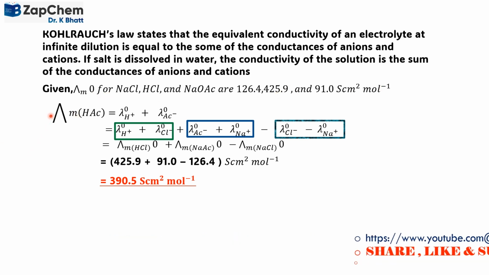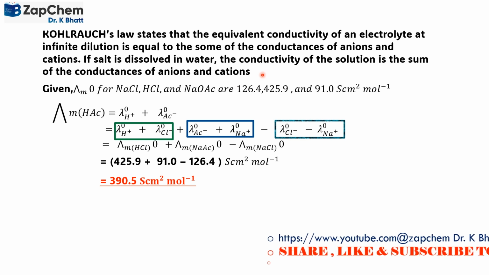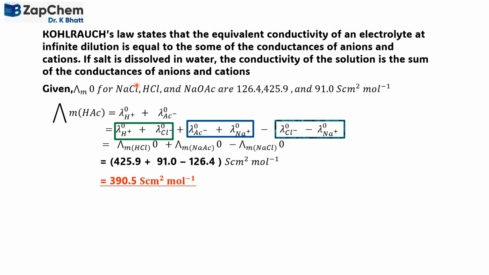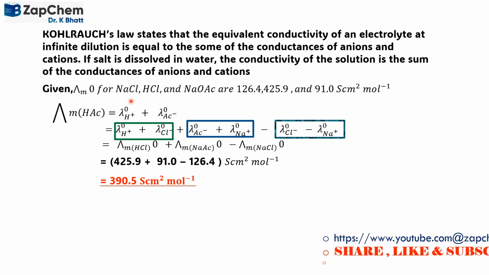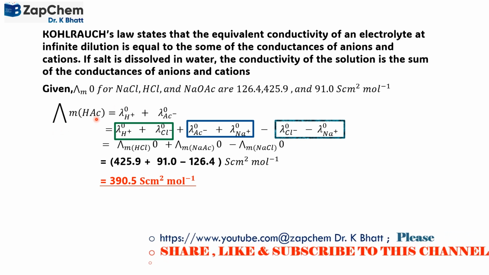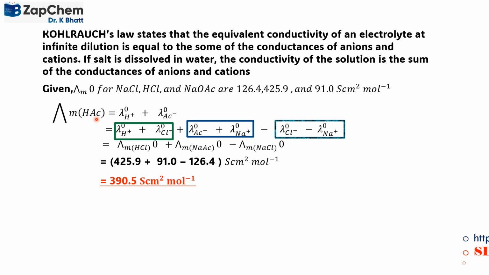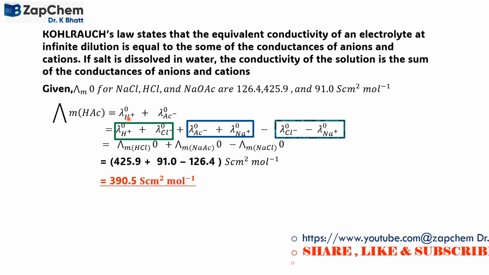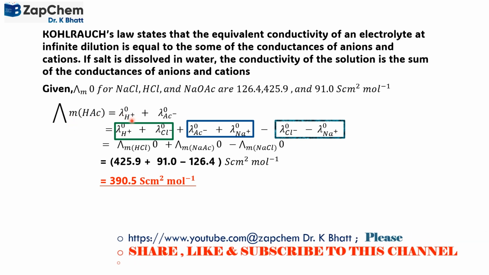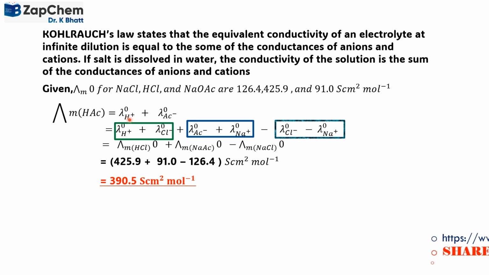Accordingly, we must perform certain calculations which can be called algebraic calculations. We will have to write the ionization equation for acetic acid, and acetic acid contains acetate ion and hydrogen ion. So the molar conductivity of acetic acid will be lambda at infinite dilution H plus acetate ion.